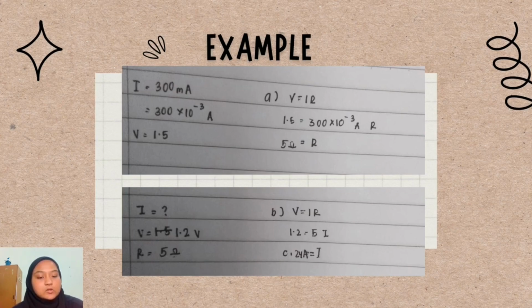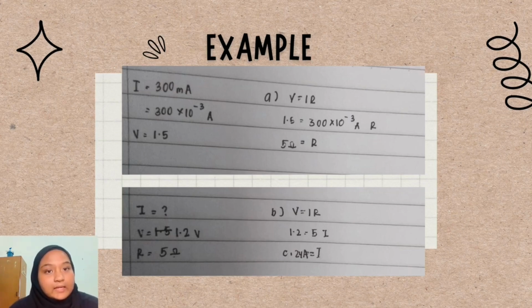V equals 1.2 volt equals I multiplied by 5. To get I, we need to divide 1.2 with 5. So, as a result, we will get 0.24 ampere.